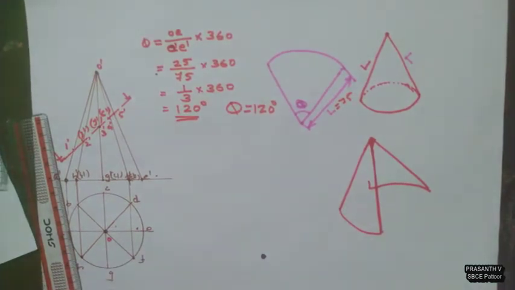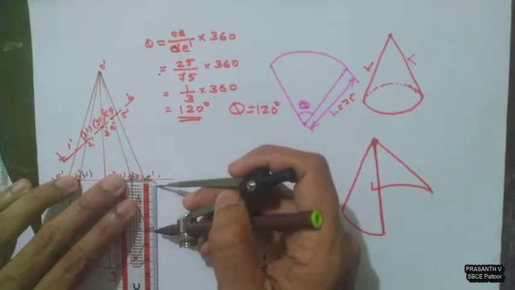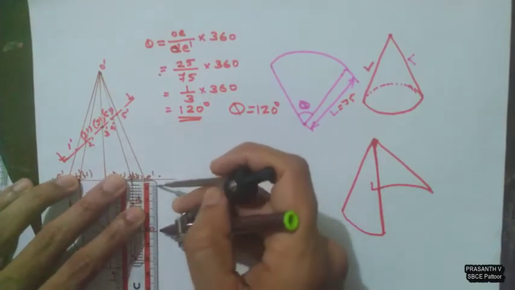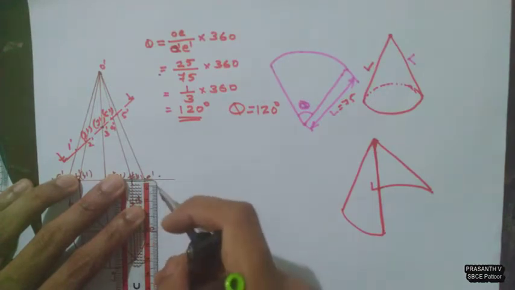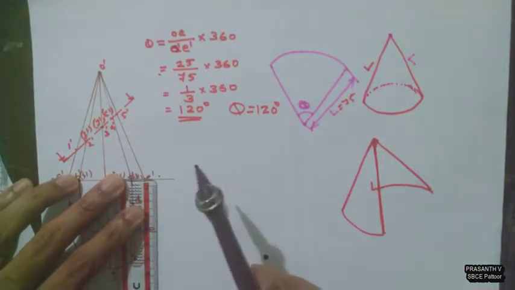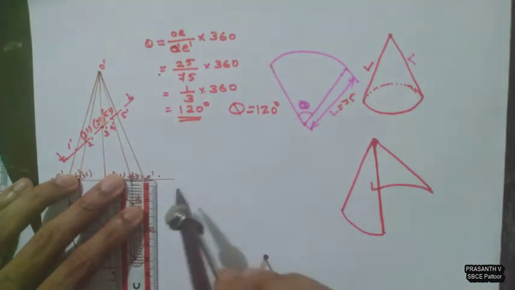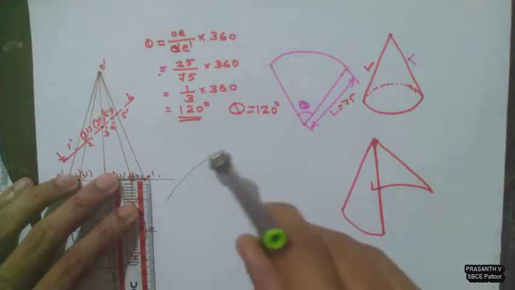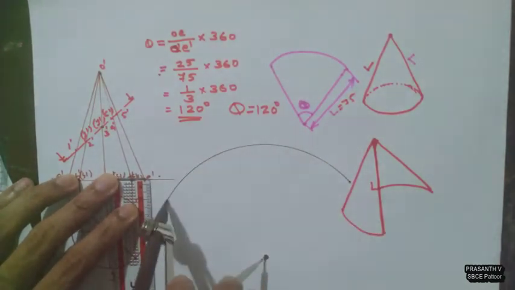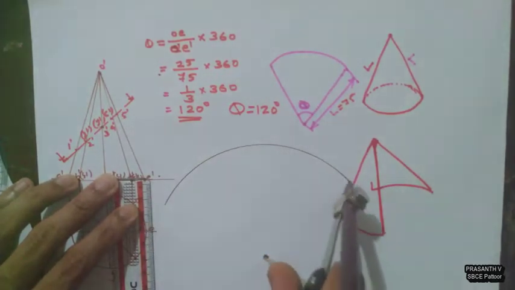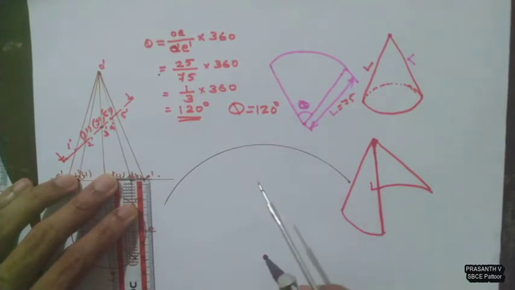We already measured that. Now to draw the arc sector, you just take 75 mm in the compass, and place it anywhere and draw an arc. Keep one thing in mind, the included angle of the sector should be 120 degree.